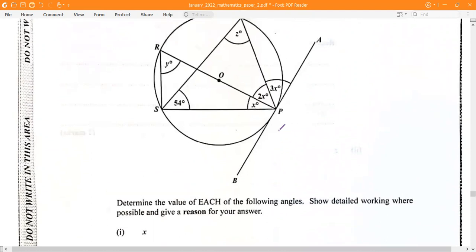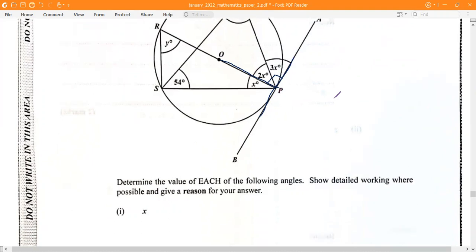We're looking at x. They want us to work out x. So remember that a radius and a tangent, so OP is a radius, and this is our tangent here on the outside. So they will meet at 90 degrees.